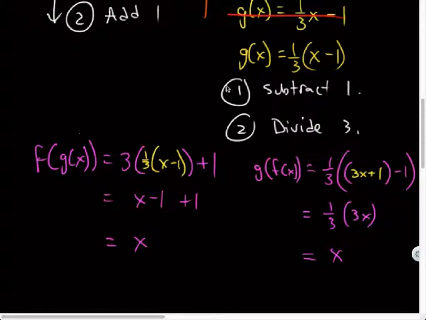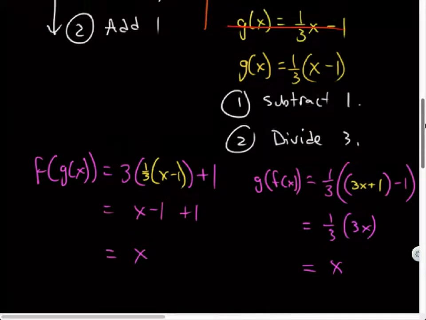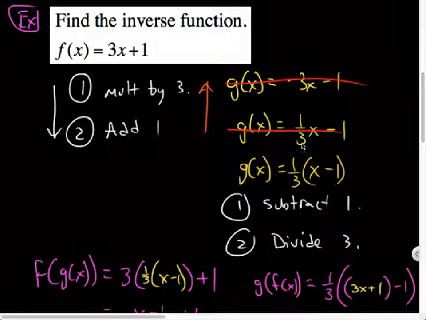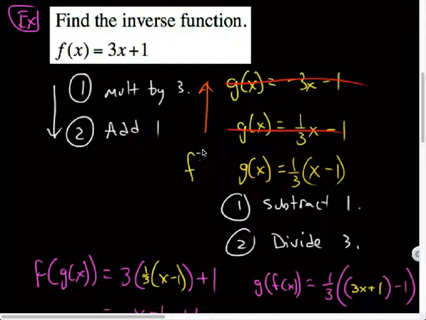And one thing I'll point out is, if I didn't want to call this g of x, there's a different name I could call it because it was the inverse of function f. I could call it f to the -1 of x, is the way we might write that. You don't read that as f to the -1 of x. You read this literally as f inverse of x, is how you would say that out loud.